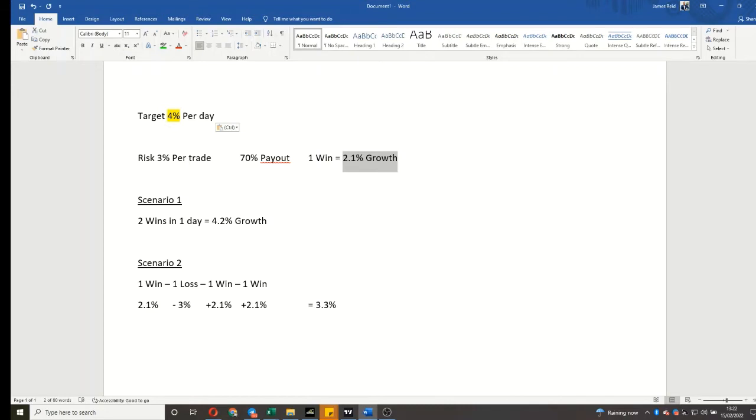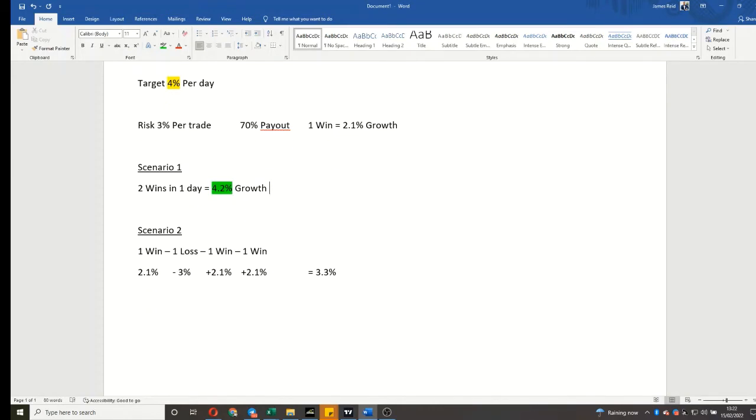If scenario number 1 is that your trading window starts, you have 2 consecutive wins, that would be 4.2% growth, because 1 win is 2.1% growth, so 2 wins would be 4.2% growth. So once again, you would have hit your daily percentage target.